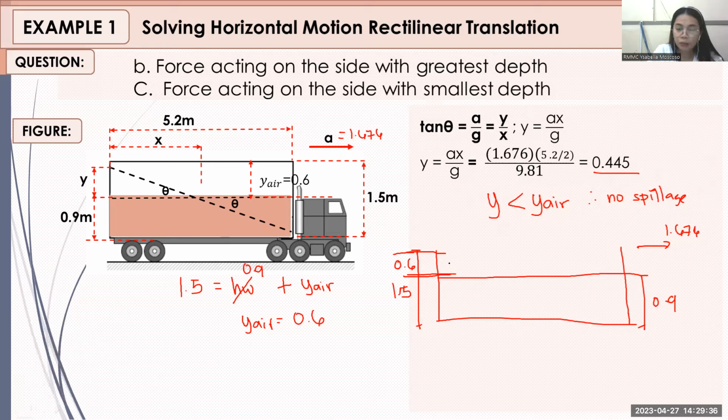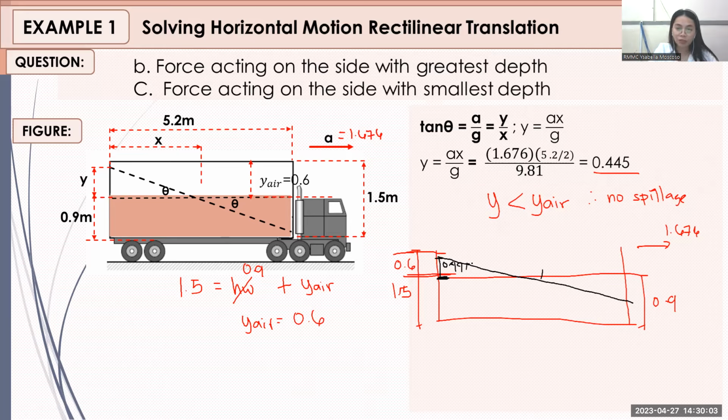Okay? Nung gumalaw to, nadagdagan tayo ng y dito. Yung y natin is 0.445. So from here, nadagdagan tayo ng 0.445. At ito yung fluid na natin ngayon. So nakita nyo, hindi pa lumagpas yung tubig natin sa vessel ninyo. Therefore, wala pa tayong spillage. Nagets ba yun? No, sana ay making sense.